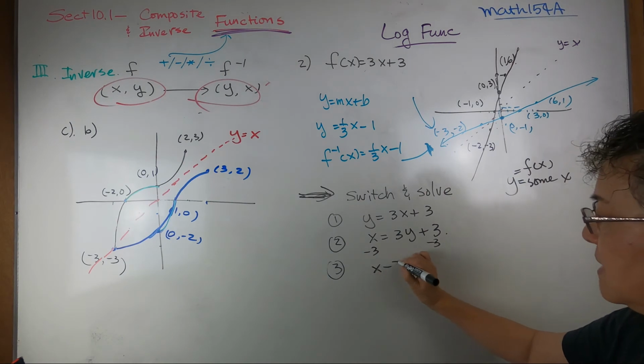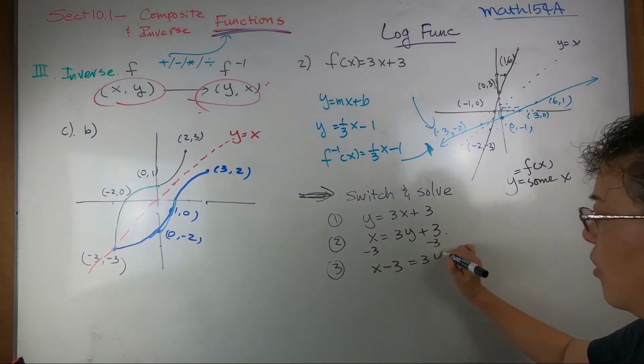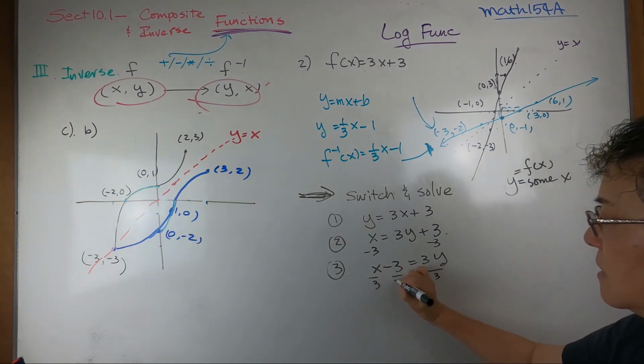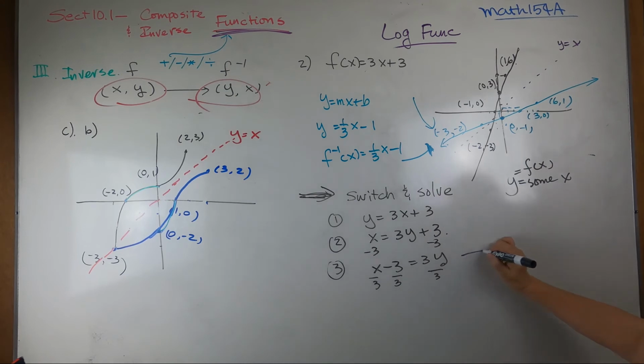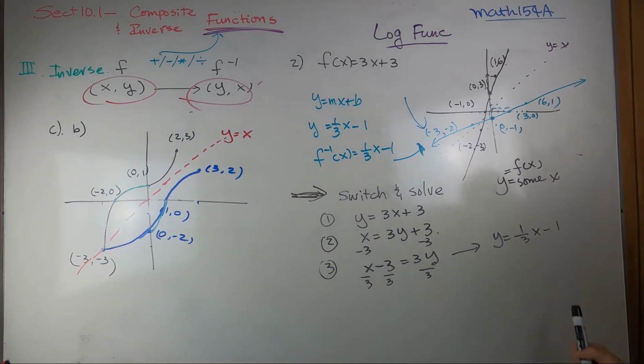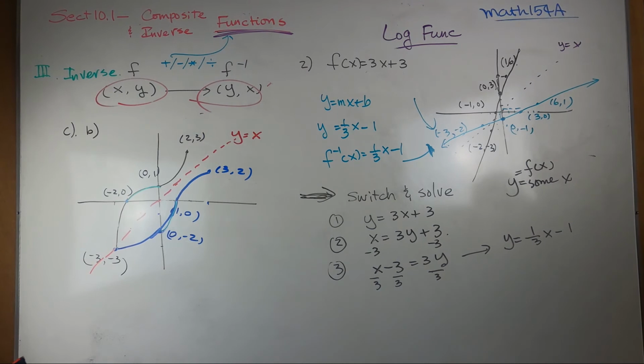So x minus 3 equals 3y. Then what's your y? You divide it by 3, right? So what do we have? y equals 1/3 x minus 1. x over 3, 1/3 x. Is that right? Then that's still not good enough.